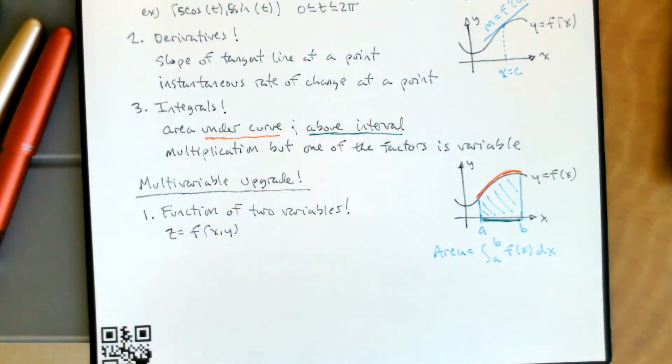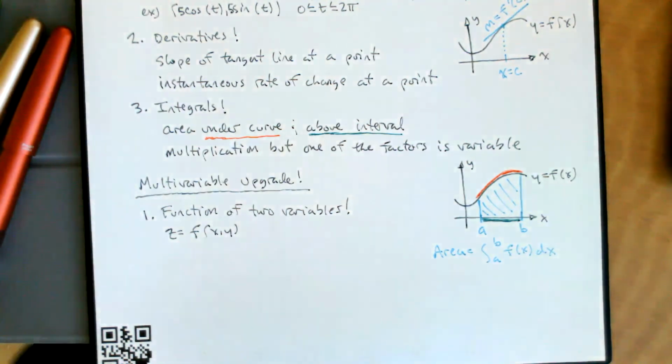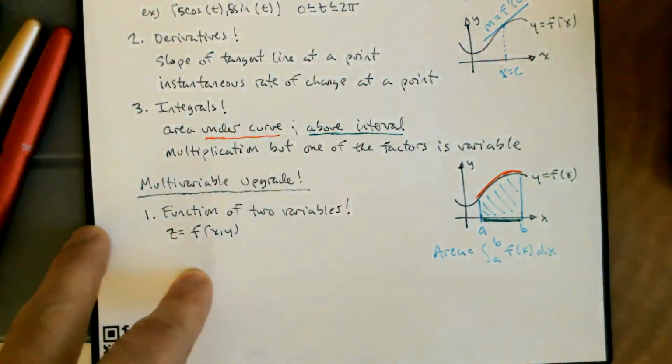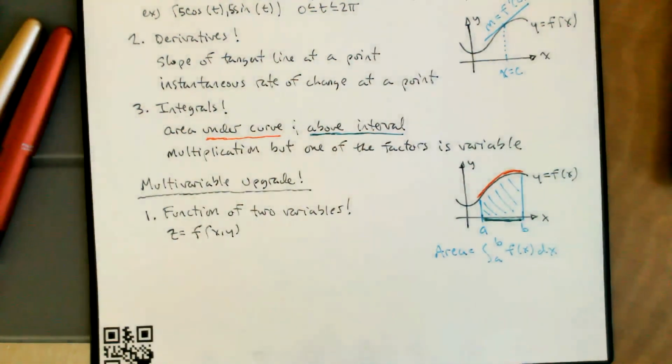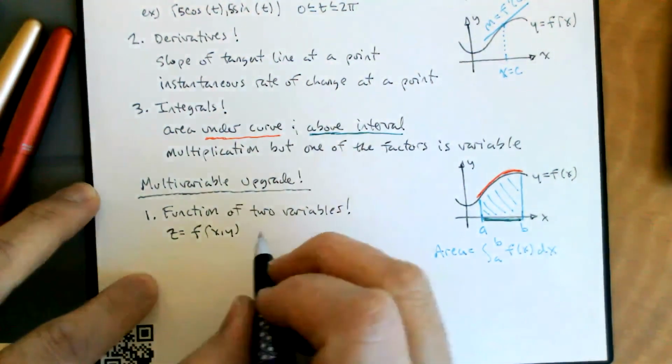And so the graph of a function of two variables is going to produce a surface in three-dimensional space, because each point on the plane corresponds to a point on some surface. So when we see z equals f of x, y, we need to think of this as a two-dimensional surface in three-dimensional space.